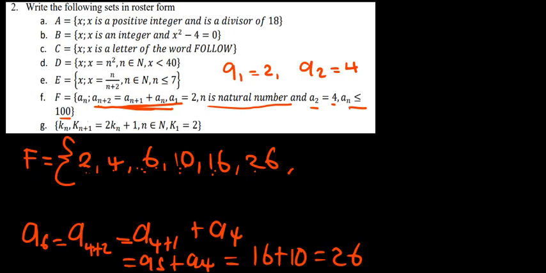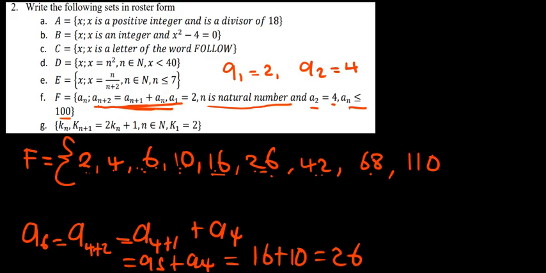So the next one here will just be 26 plus 16, which will give me 42. The next one will be 42 plus 26, which will give me 68. The next one will be 68 plus 42, which will be 110.